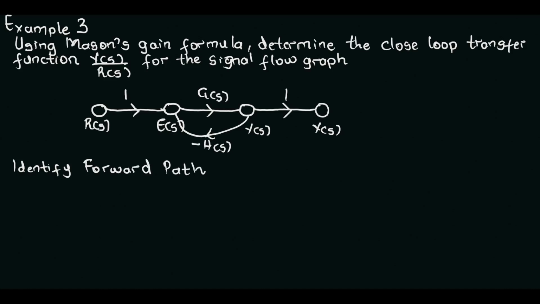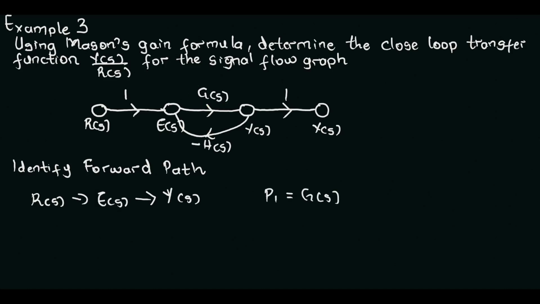Your forward path is moving forward. You have only one forward path, that's R(s) to E(s) to Y(s). Your P1 equals G(s), which is this.